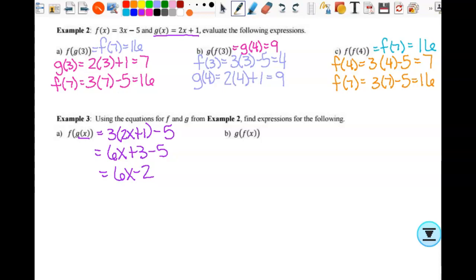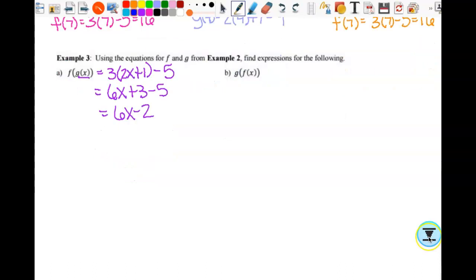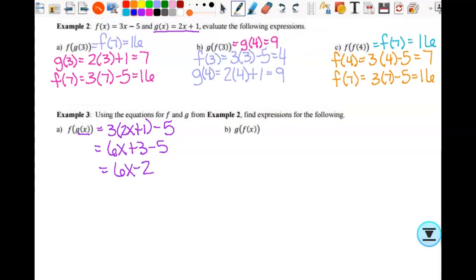Okay. Then go ahead and do g of f of x. All right.